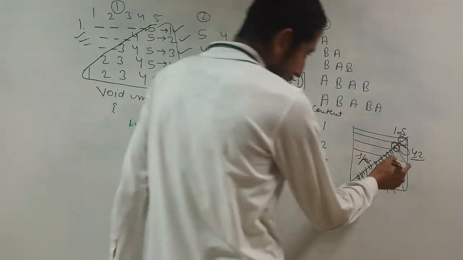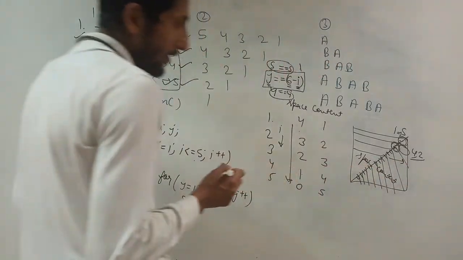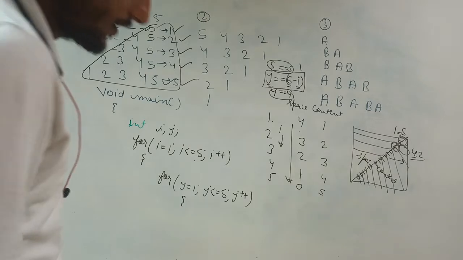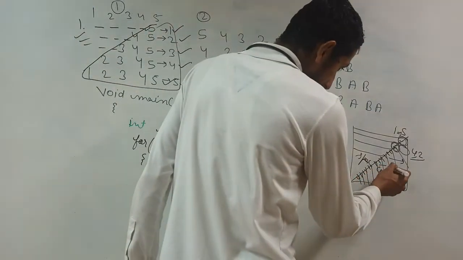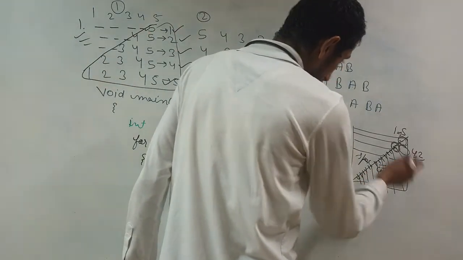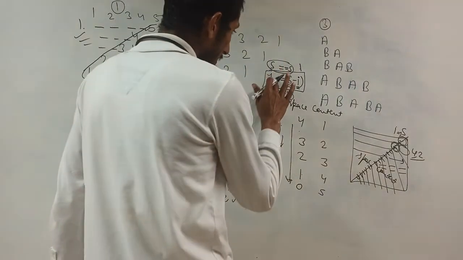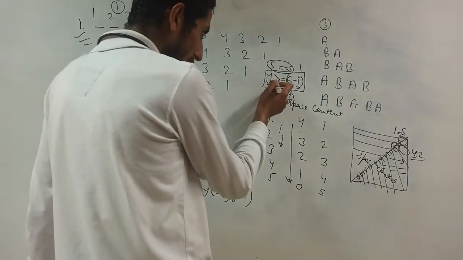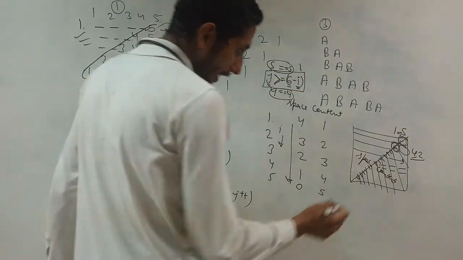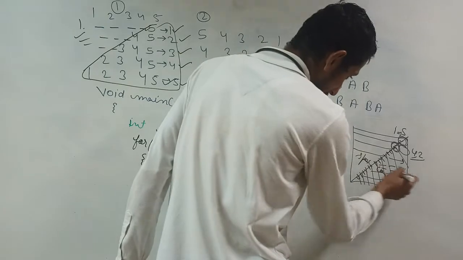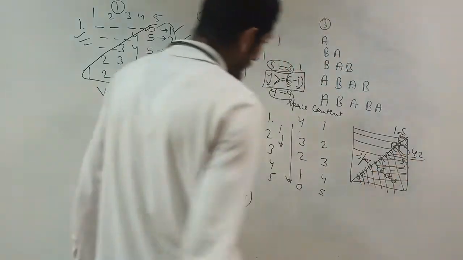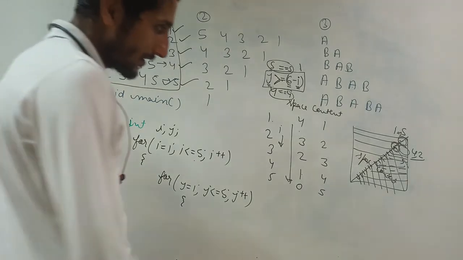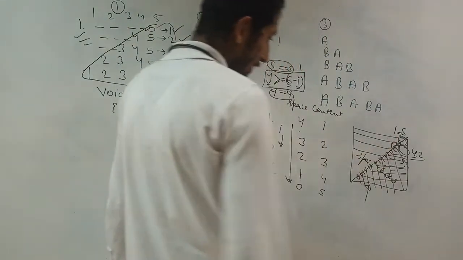And if you move from left to right, the value of j will increase. Are you following this one? It means here the value of j is increasing. So if I write it like this, the value of j should be greater than or equal to 6 minus i. It means I am talking about this one area, the area where you want to print something.